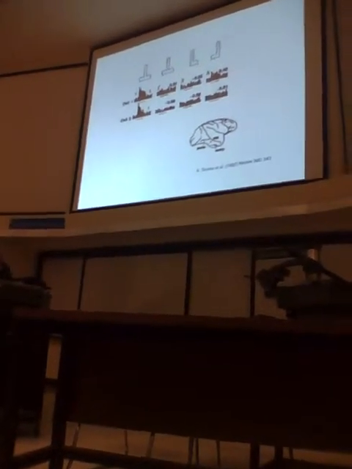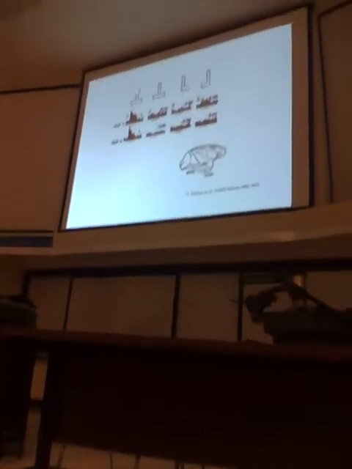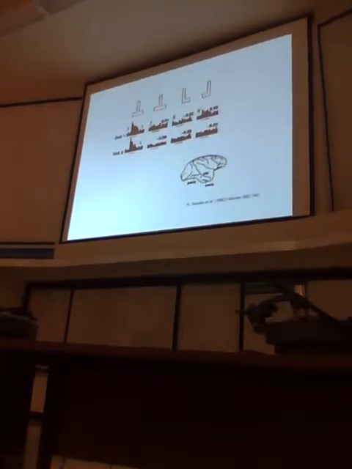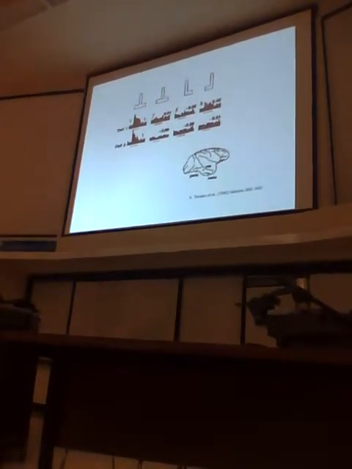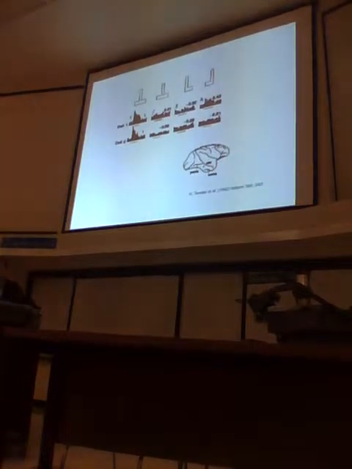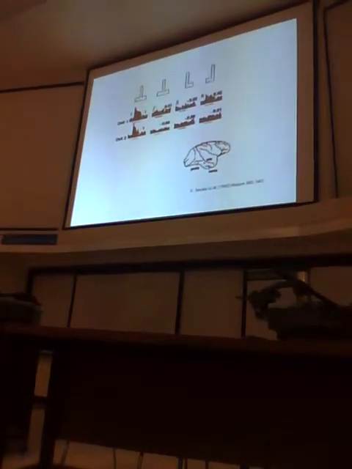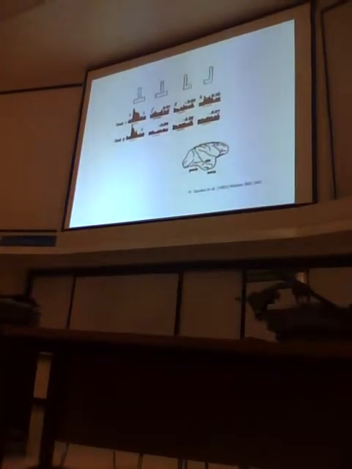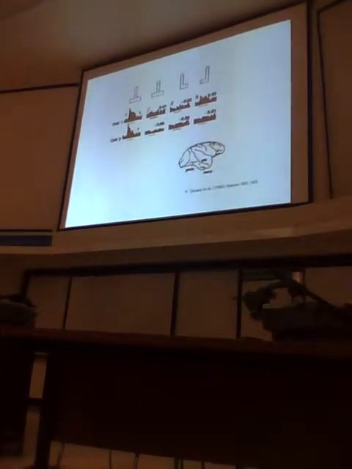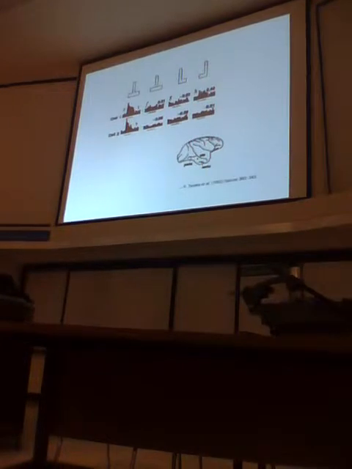In cell 2, the same thing. Even though this object resembles this object, the only difference being that there's a separation of the two bars, there's a dramatic difference in firing rate. So the horizontal line here shows the exact time when they present the image.